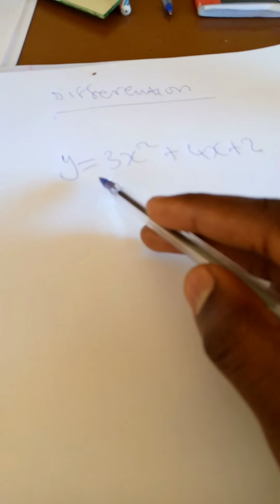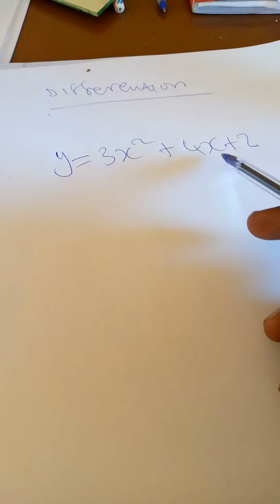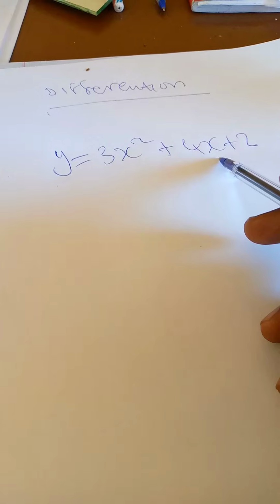So for example, if I say y is equal to 3x squared plus 4x plus 2, and the question was to differentiate this equation with respect to x, I'll call this my dy dx, to mean I'm differentiating this equation with respect to x.